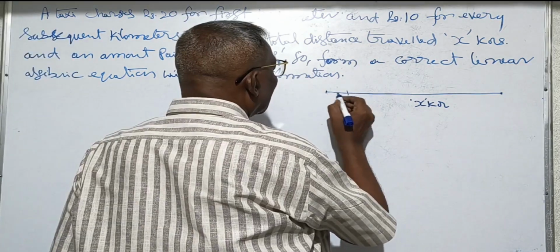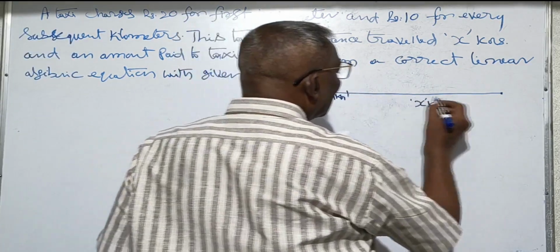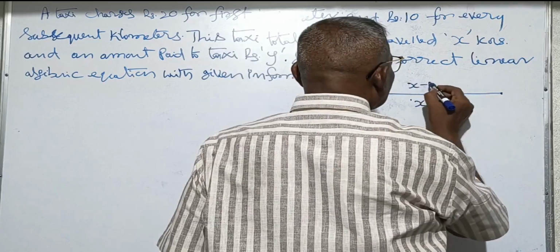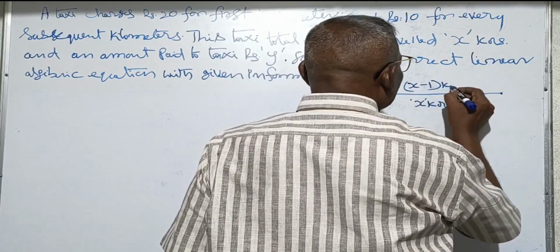From here to here it is 1 kilometer, and from here to here it is x minus 1 kilometers.